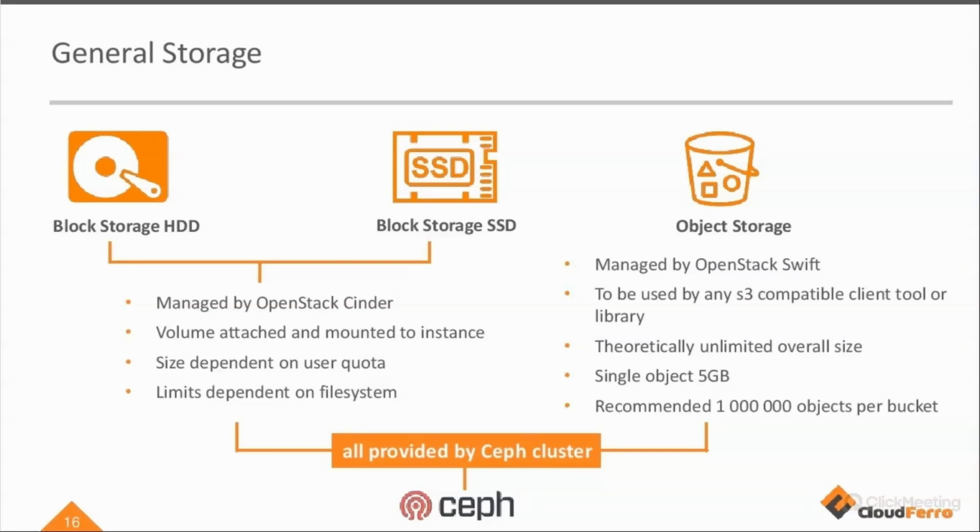Data from all devices that we provide, like block storage on HDD or SSD, or object storage, is in fact part of this cluster, where data is divided into smaller parts called shards, and then those shards are spread across a big number of servers with a big number of disks inside.